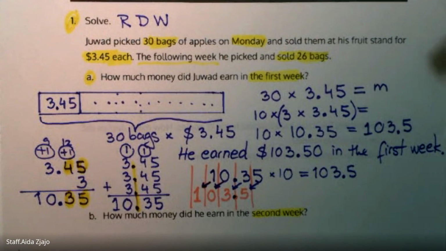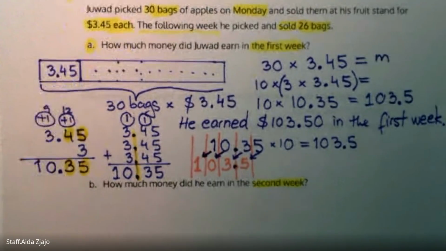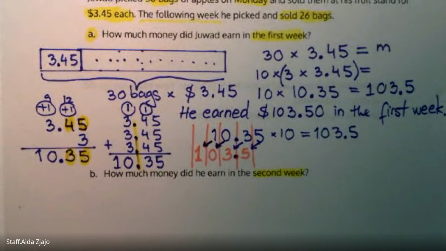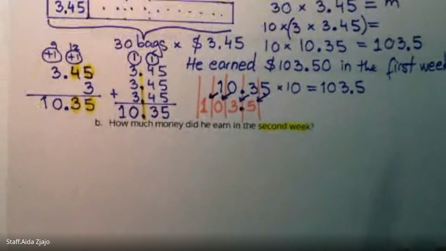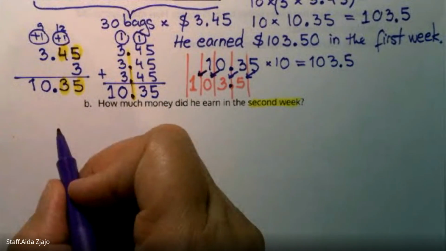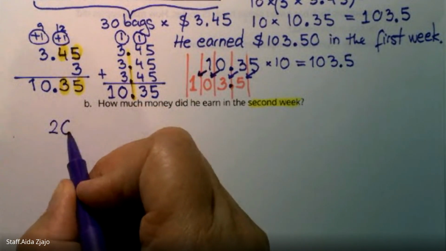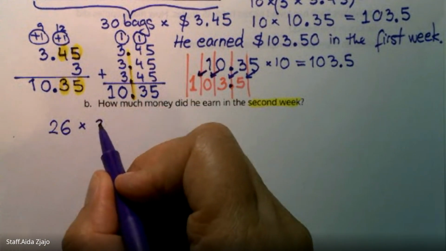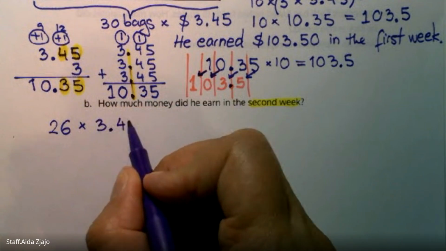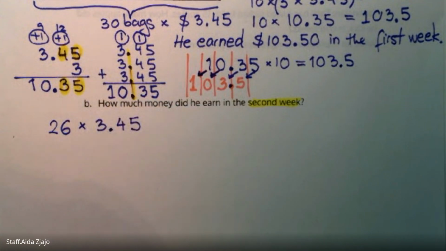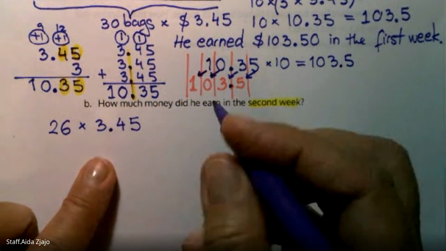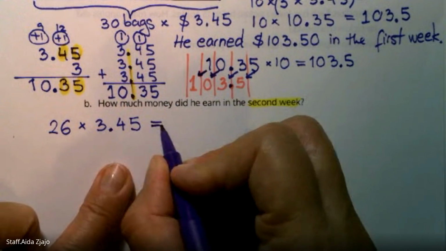That was A. And now we're going to do B. B says, how much did he earn in the second week? So thinking of this, the second week was 26 bags, and each bag is $3.45. I can do that in different ways.